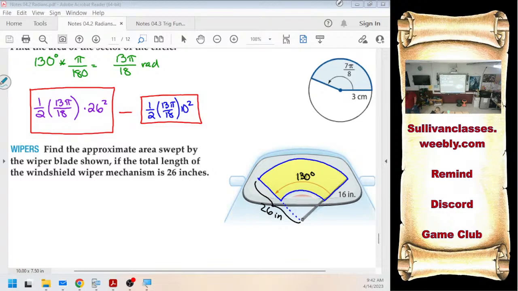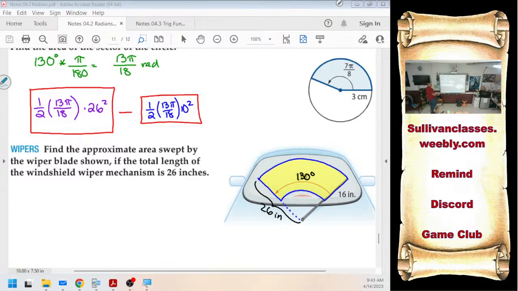Now, before you just jam that into a calculator, does anyone see the factorable part of this? What do these two expressions share? The only thing different between them is the 26 squared and the 10 squared, right?